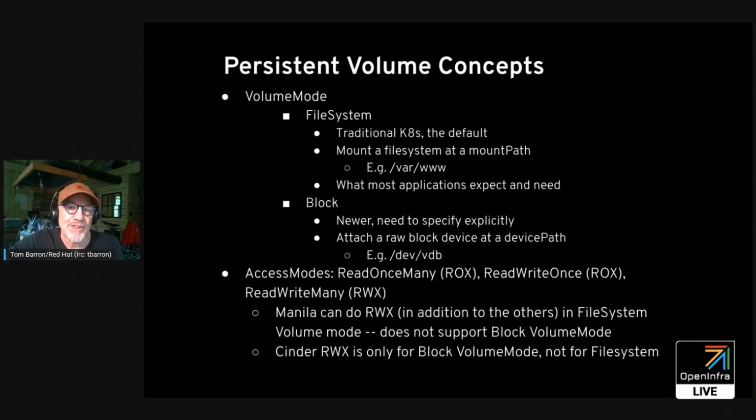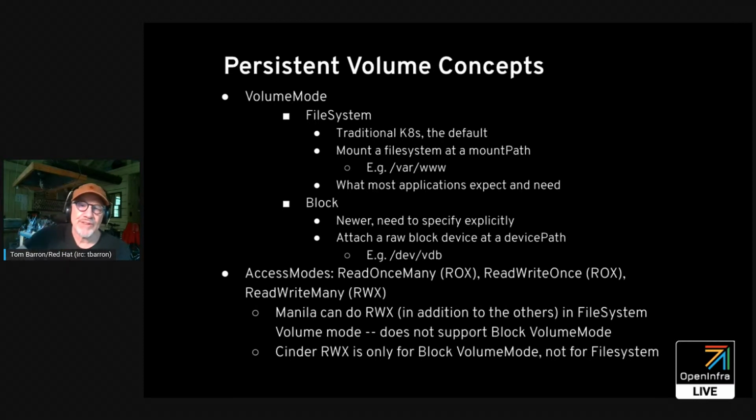Traditionally, Kubernetes has worked with what's called file system volume mode. It gives you a persistent volume at a mount path, like /var/www, as opposed to a device path, like /dev/vdb. Nowadays, you can also run raw block volume mode.